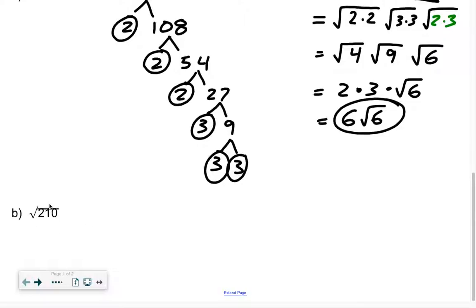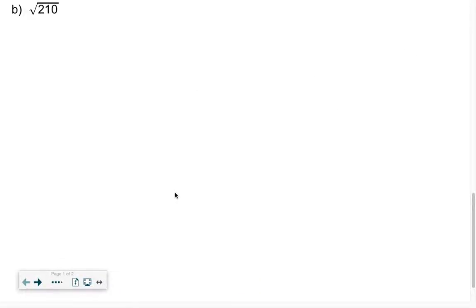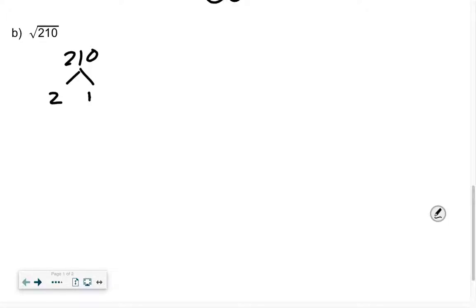Let's try one more. If we look at square root of 210, start by doing the prime factorization. So we'll go a little bit quicker this time. Actually, instead of going 2, let's go 21 and 10. 21 can be broken down to 3 and 7.